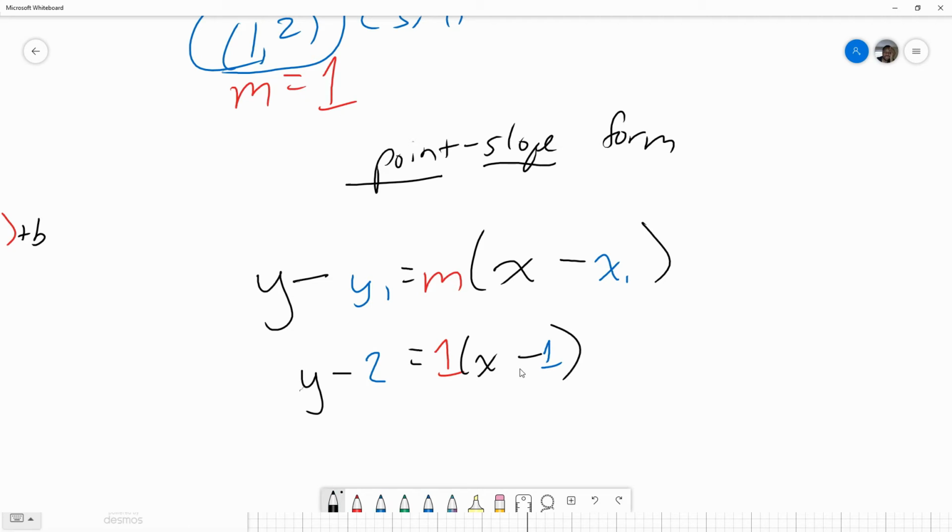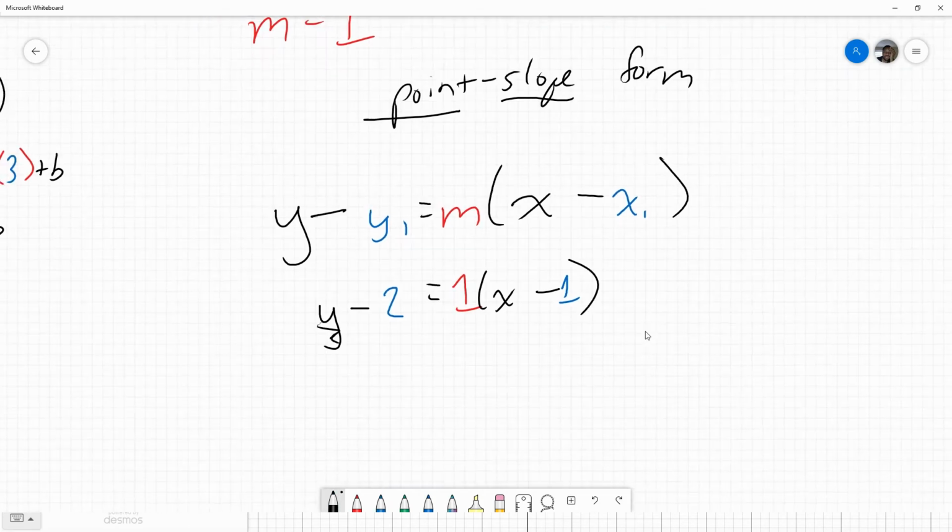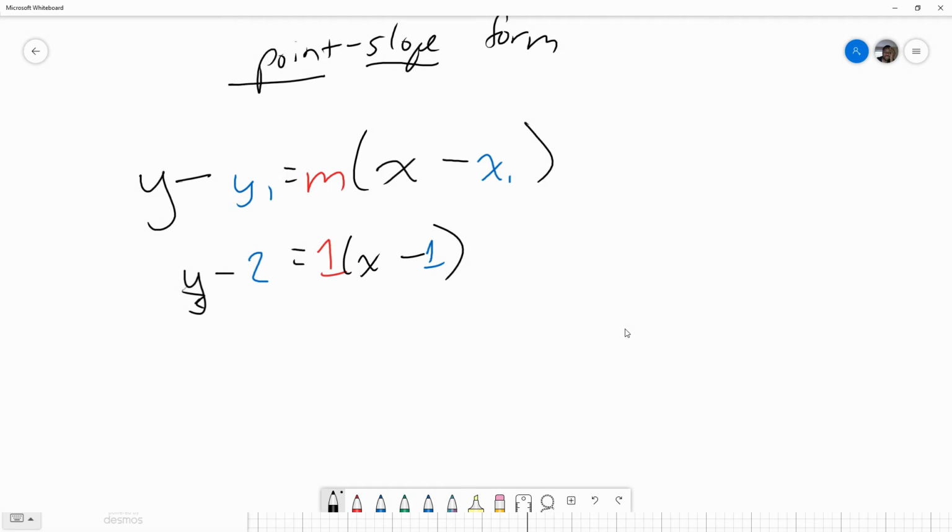And now I'm just going to solve for y. First things first, I'm going to use my PEMDAS to get rid of these parentheses by distributing the 1 to everything. So I should have y minus 2 equals 1x minus, well, 1 times 1 is just 1. Then I'm going to add 2 to both sides.